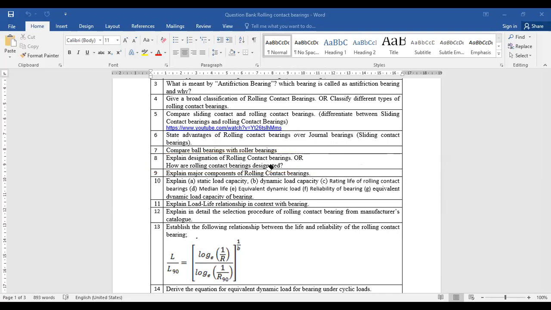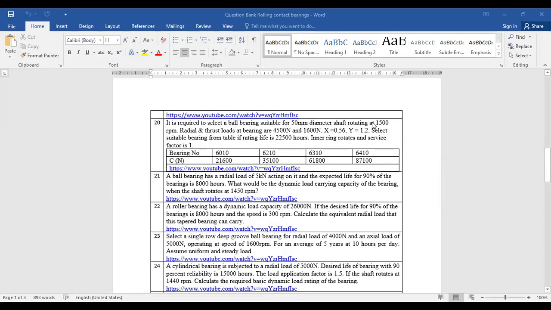Even if you don't know this, you won't be able to solve these types of numericals, because when you solve the numericals, you should know the meaning of this number. 6 means you already know it is a single row deep groove ball bearing, right? 0 indicates the extra light series, and the last 2 digits 10 indicate the bore diameter: 10 5s are 50.